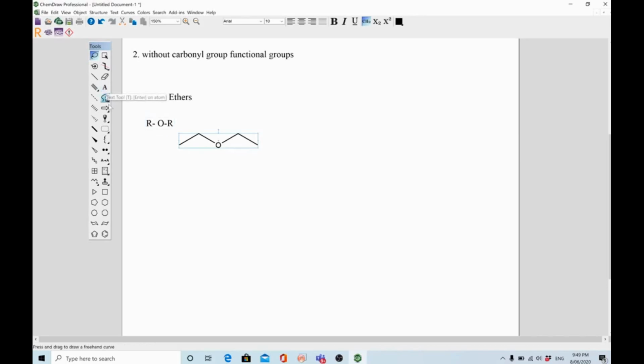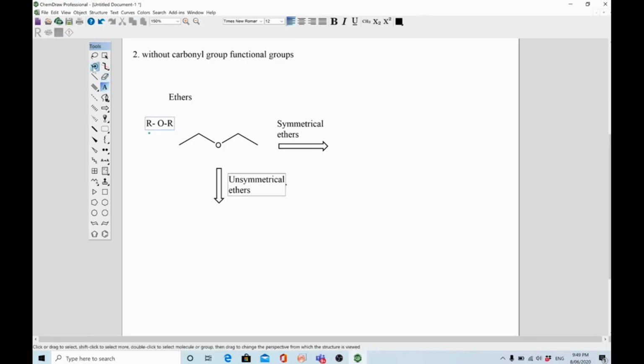There are 2 types of ethers, not primary, secondary, or tertiary, but symmetrical ethers and unsymmetrical ethers. So if your ether contains same groups on both sides of oxygen, that's called symmetrical ether.